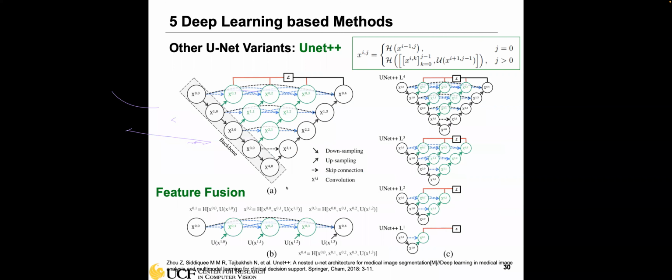Okay. And there are also many UNet variants. Here I just list one that takes the different skip connections to the extreme, the nested UNet, called UNet plus. Here you can see the encoder part gradually reduces the resolution. Then this is the decoder part, with the upsampling path right here.